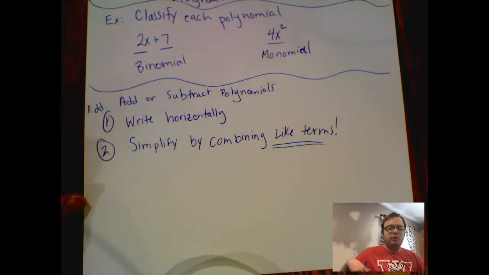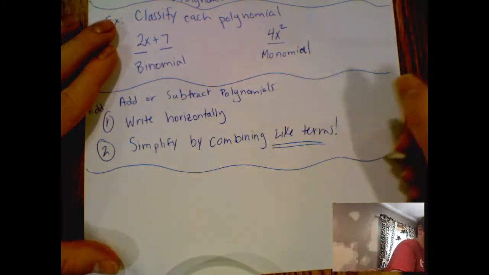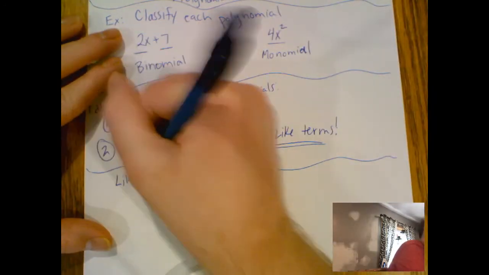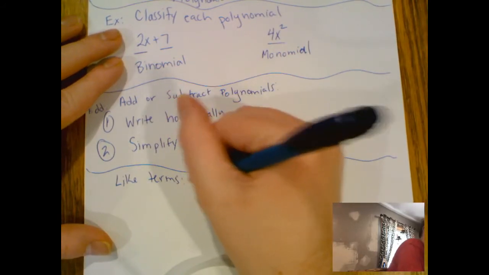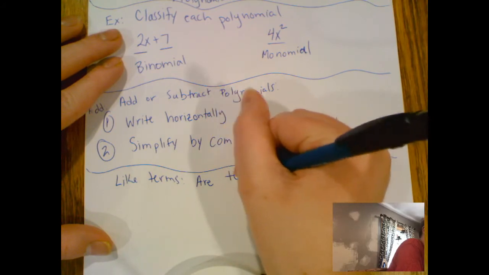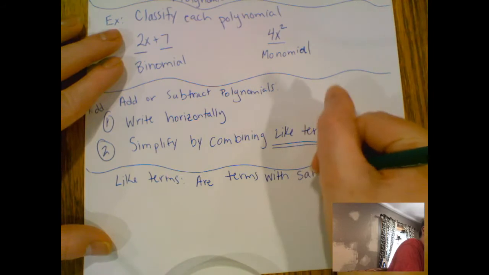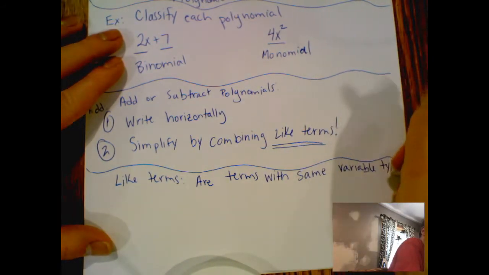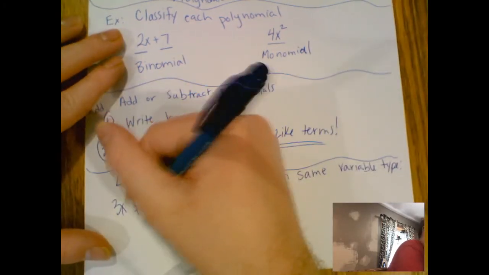Like terms. And so, again, you might be asking yourself, let's take a little bit of a breather. Now that I've been talking about like terms, what are like terms? Well, like terms are terms with the same variable type. An example: 3x and 7x.